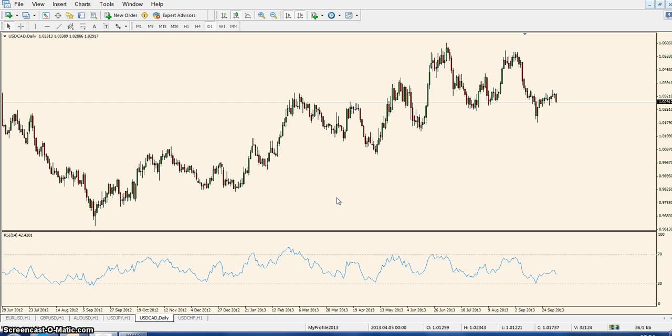I use the 14 period RSI, and this is daily chart. That's my preference. If you are used to using a smaller or a bigger time frame, you could do that. Obviously the flow of the chart and the risk profile will change when you change the time frame. My preference is using this strategy on a daily time frame with a 14 period RSI.